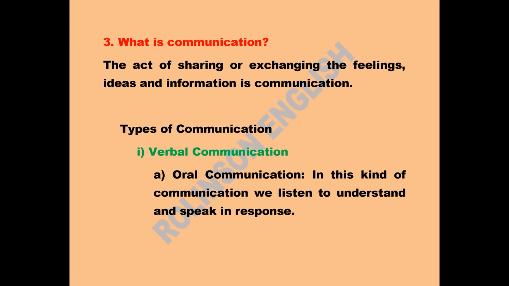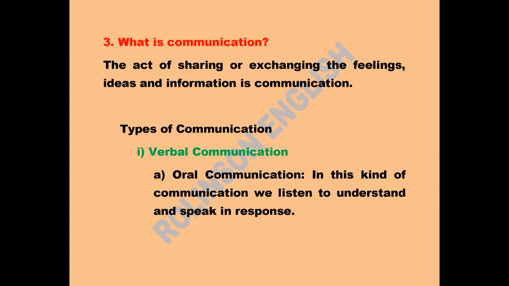Now, we have to know how many types of communication there are. Among the types of communication, mainly there are two: verbal communication and non-verbal communication. Verbal communication is one where we use words, language. Verbal communication has two forms, again: oral and written.